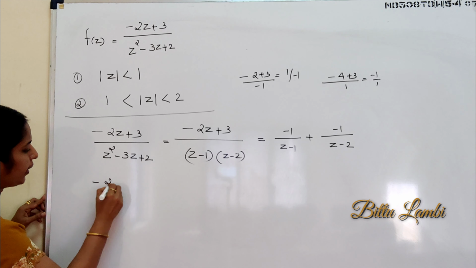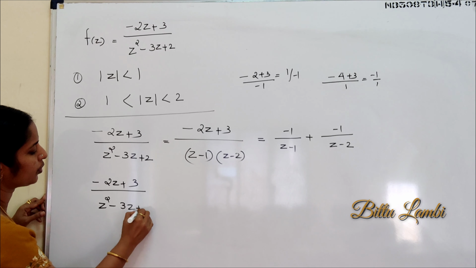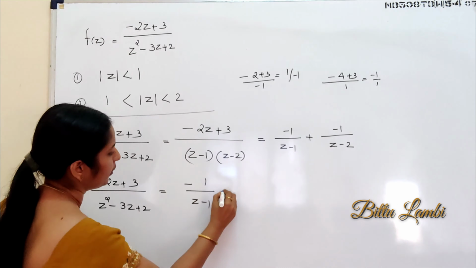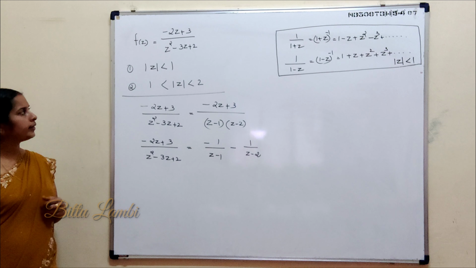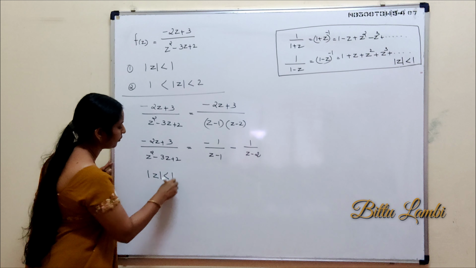So we have (-2z + 3)/(z² - 3z + 2) = -1/(z - 1) - 1/(z - 2). Next, consider the given region, that is mod z less than 1.